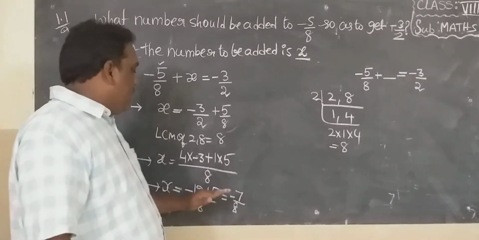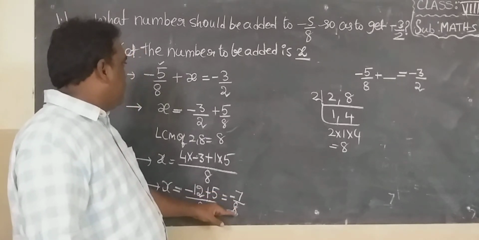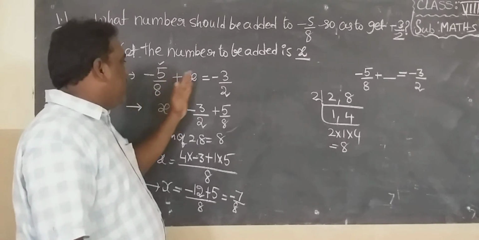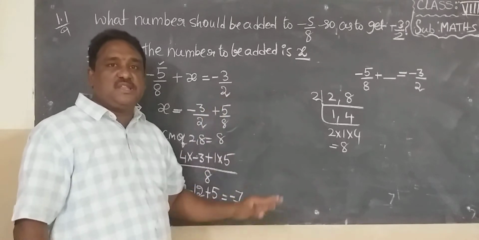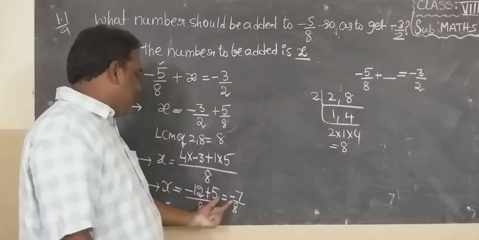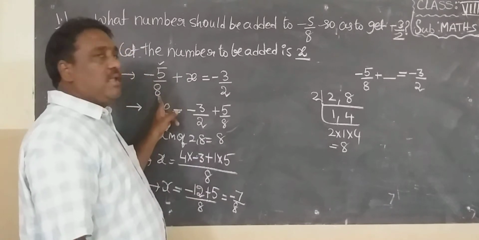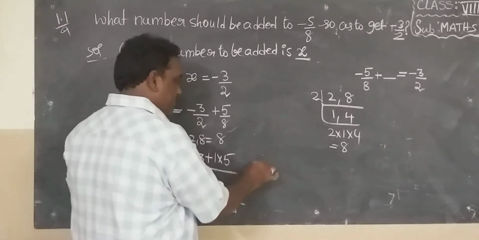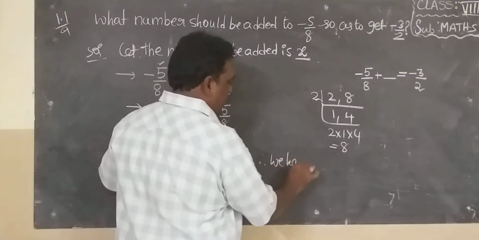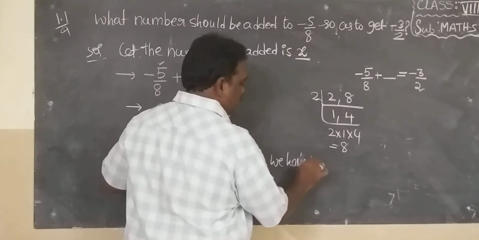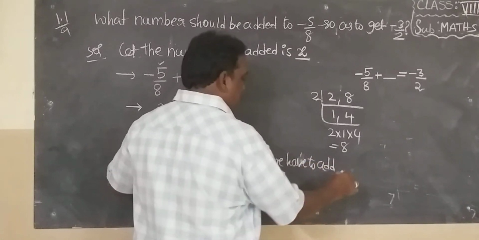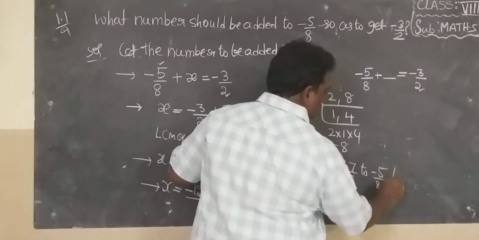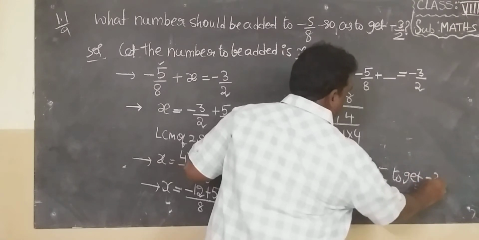So by adding minus 7 by 8 to minus 5 by 8, we get minus 3 by 2 as the answer. So what number should be added? Minus 7 by 8 to minus 5 by 8 to get minus 3 by 2. Therefore, we have to add minus 7 by 8 to minus 5 by 8 to get minus 3 by 2.